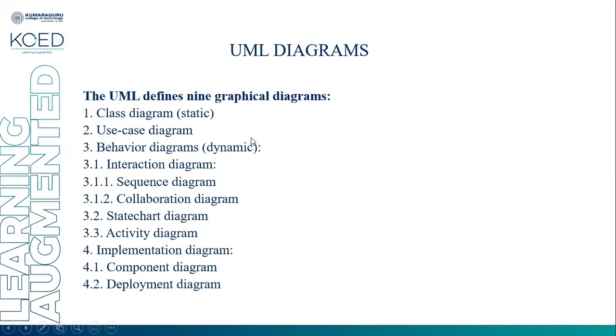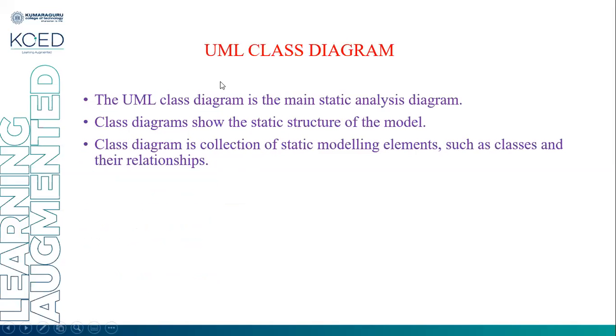Then behavioral diagrams, dynamic diagrams: interaction diagram, sequence diagram, collaboration diagram, statechart diagram, and activity diagram. They are all known as behavioral diagrams. Implementation diagrams: the component and deployment diagrams are known as implementation diagrams. So static and dynamic as well as implementation diagrams, three major categories. First, we are going to discuss the UML class diagram.